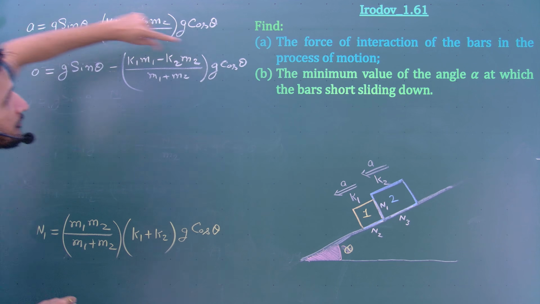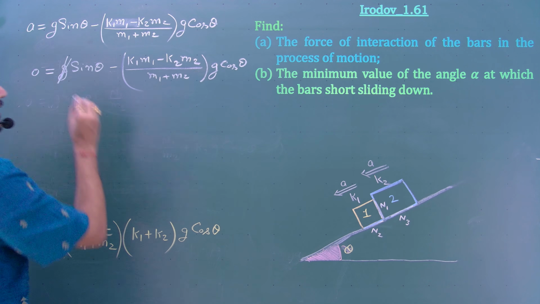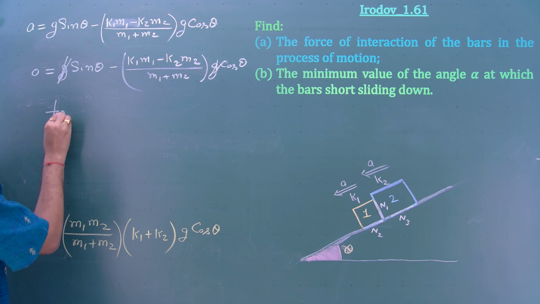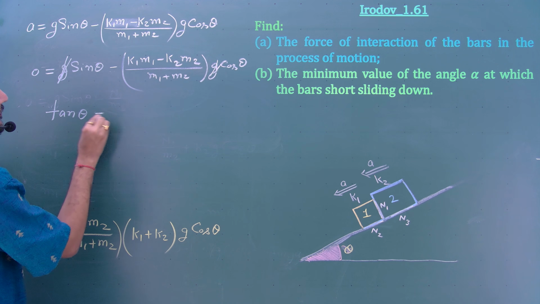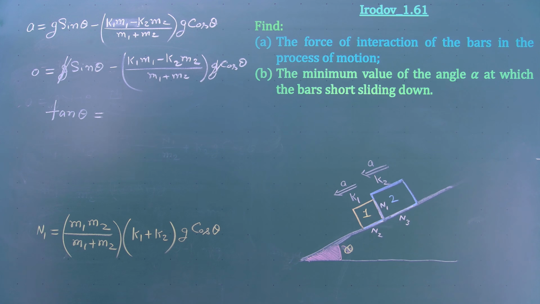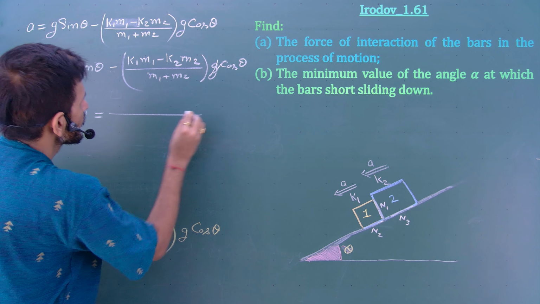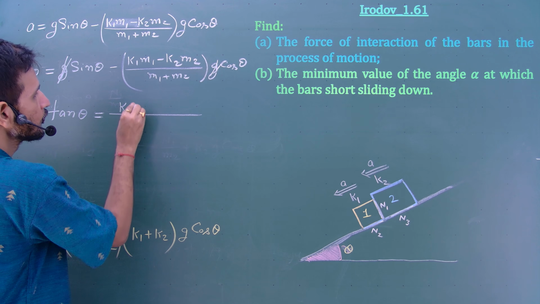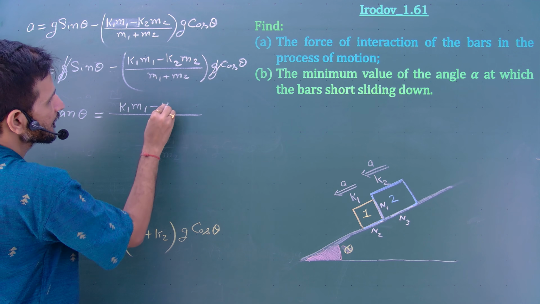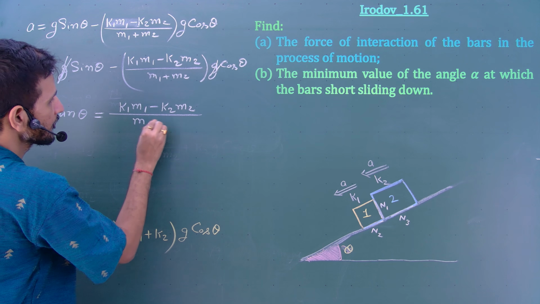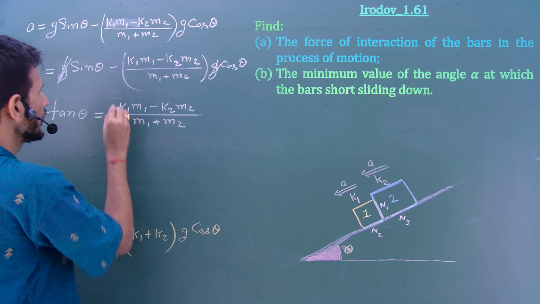So this part must be equal to this part, so g will cancel out, and sin theta by cos theta equals tan theta. So tan theta must be equal to, now there is a minus sign which will become plus sign, so it will be equal to (k1 m1 minus k2 m2) divided by m1 plus m2.